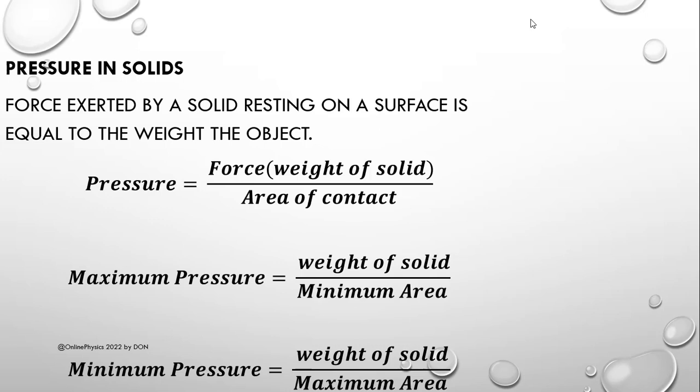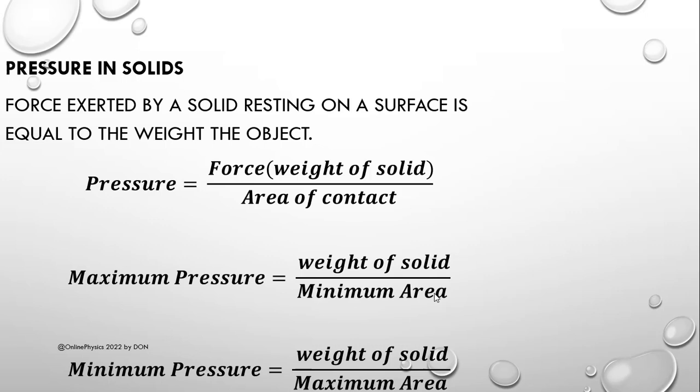So to talk about maximum pressure and minimum pressure, we want to look at the variation in the area. And I believe this one will be highlighted well after we look at the factors affecting pressure in solids, whereby we'll see how the area affects pressure.